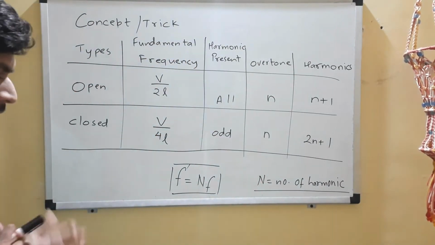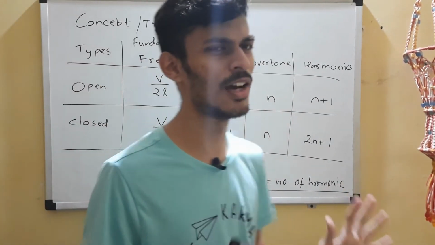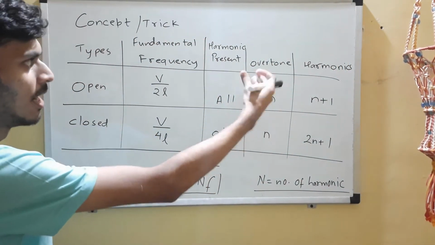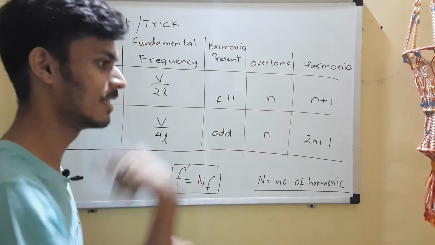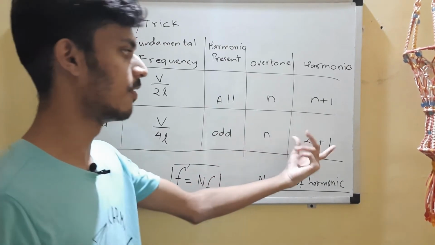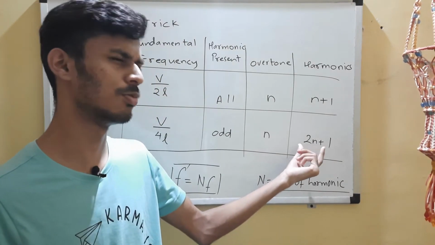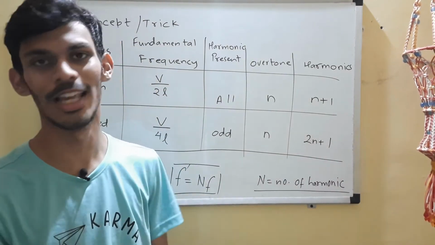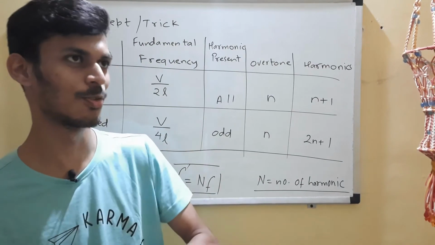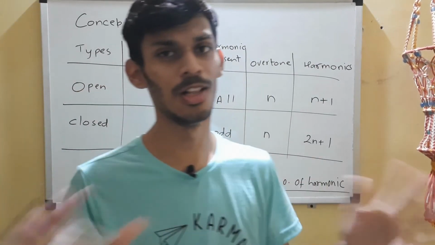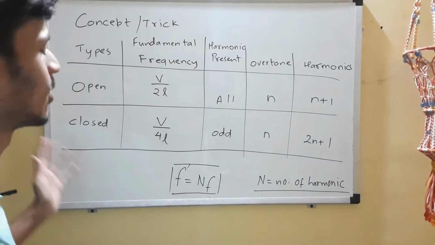In case of closed one, we know that only the odd ones are present. So first overtone does not mean second harmonic, it means the odd number, the third harmonic. In place of n, you put 1, 2 ones are 2 plus 1, 3. So first overtone is the third harmonic in case of closed organ pipe, because only the odd ones are present. How many times am I going to repeat this?